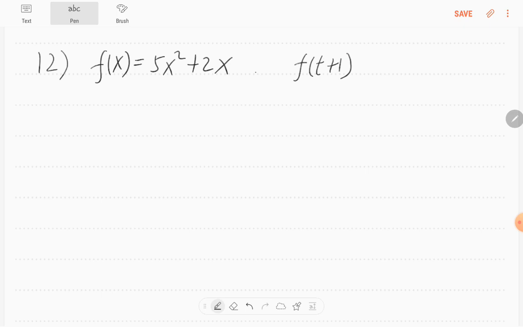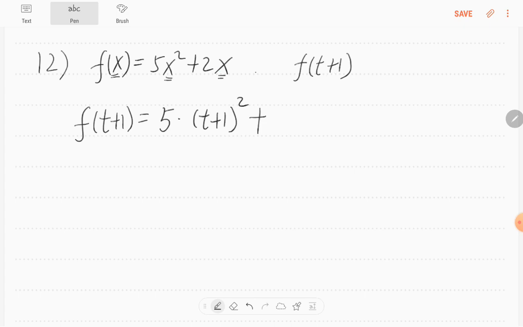In other words, the position of x becomes t plus 1. So f of t plus 1 is equal to 5 times x squared, where x becomes t plus 1, so the whole thing (t plus 1) squared, not just t plus 1 squared. Don't forget the parentheses when you plug into x.